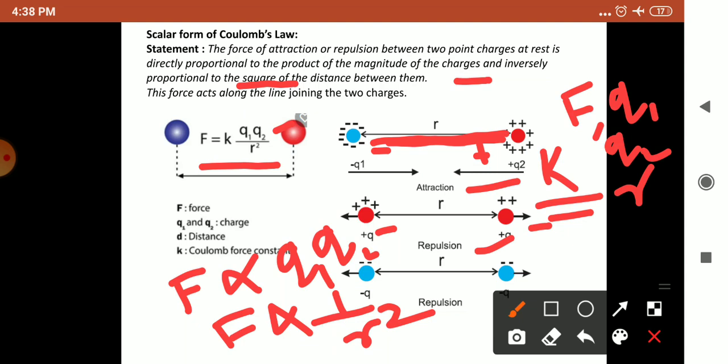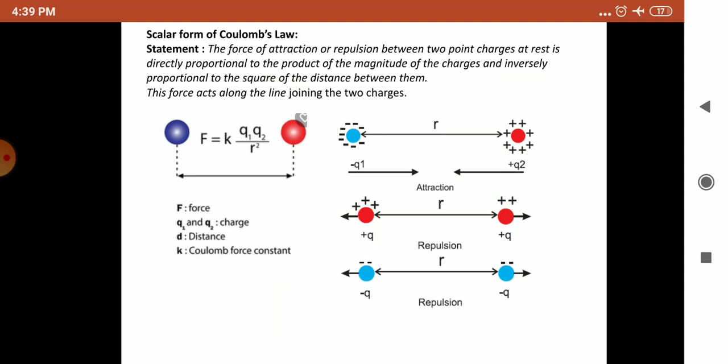The force between the two charges will be attractive if they are unlike, that is one positive and one negative, and the force will be repulsive if charges are similar, that is both positive or both negative. So this is about Coulomb's law or the scalar form of Coulomb's law.